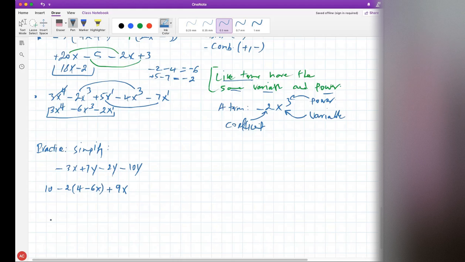And then another one. And we have 2x to the third minus 3.